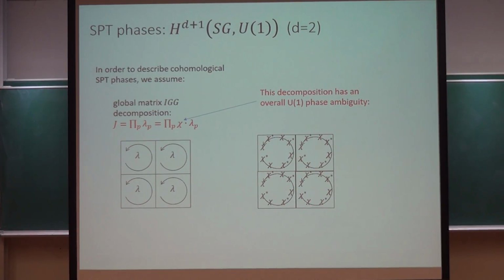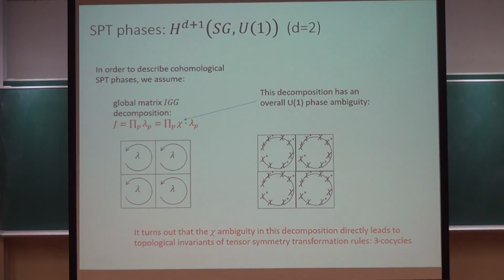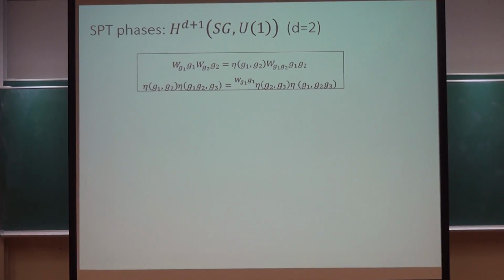And it turned out that this phase ambiguity will give you this third cohomology, related to this spherical cycle, which was briefly mentioned in Jonah's talk. So the basic strategy to construct two-dimensional SPT is the following.